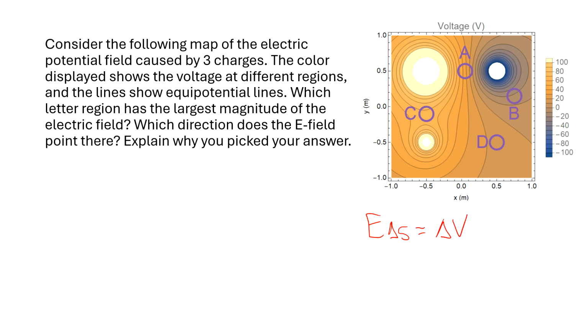If we do a little bit of rearranging, E equals delta V over delta S. Now E here is not energy or anything like that. It's the electric field. And this is saying the electric field is the change in the electric potential over some generic distance delta S. We don't use delta X or delta Y because we like the idea of saying it could be X or Y or any other direction.